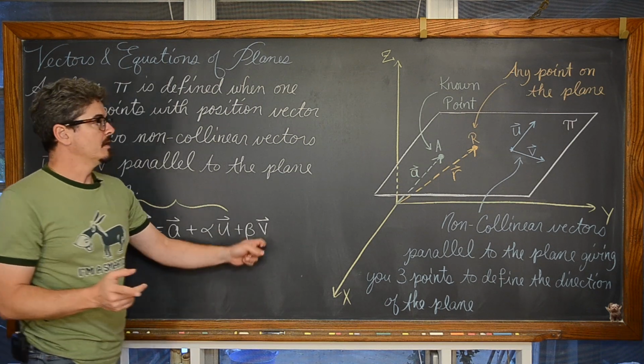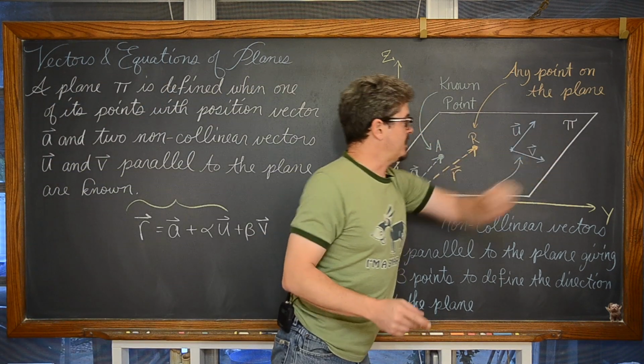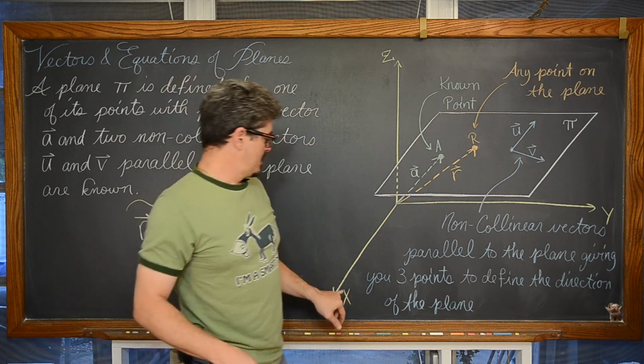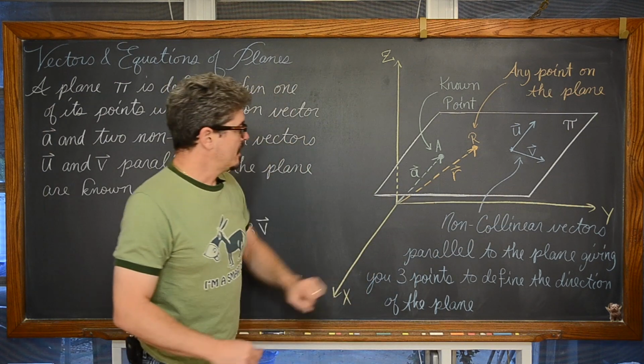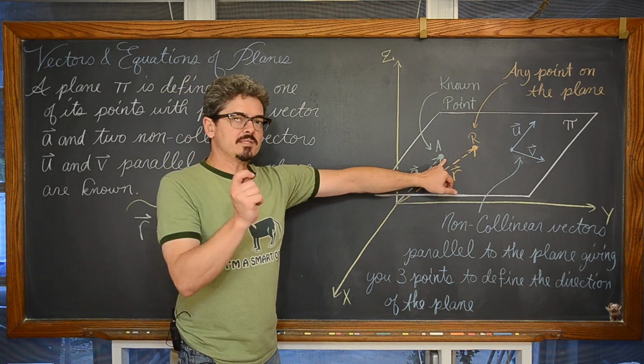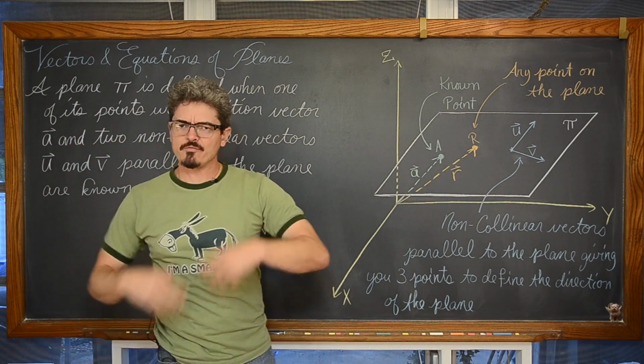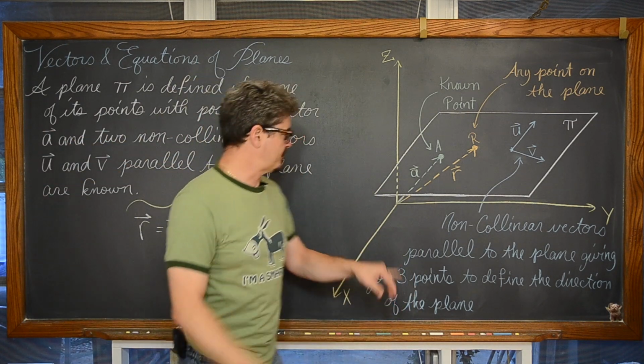You need two. So we have our plane pi here drawn in white on our three-dimensional axes of z, x, and y. We have this point A, which has the position vector, where we're referencing the position vector starting off of the origin.